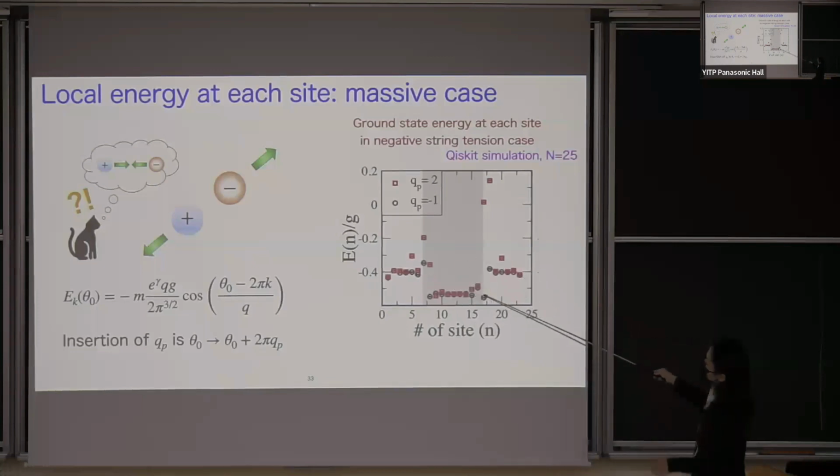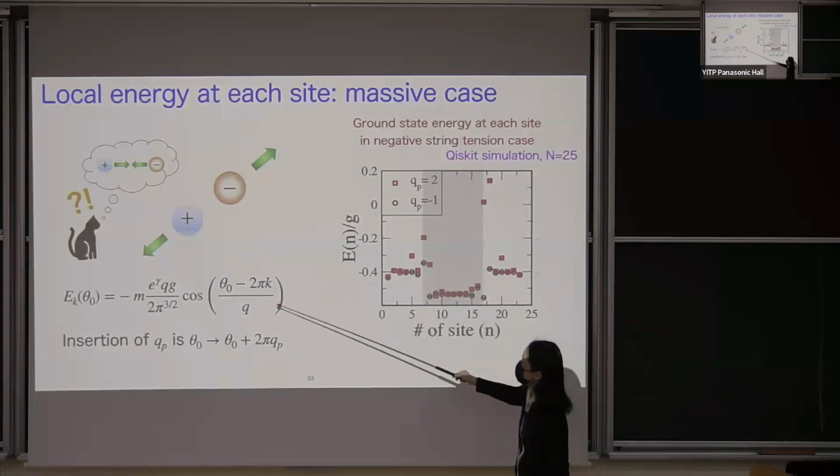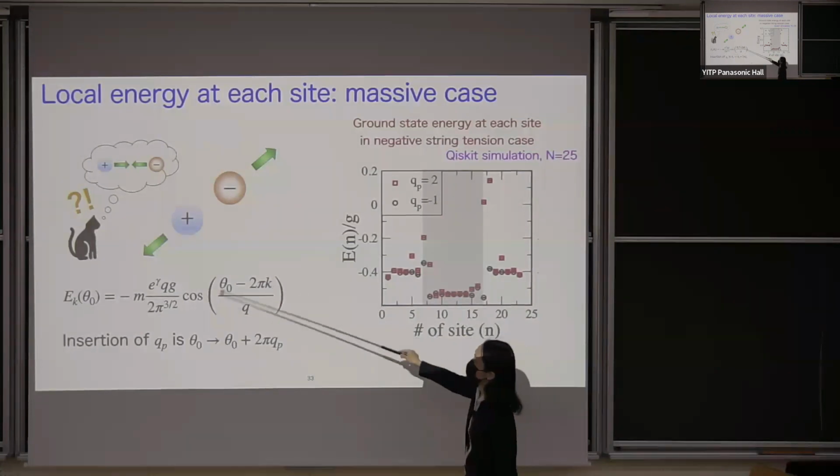So the total energy with a long Wilson loop gets lower. This is a trick.